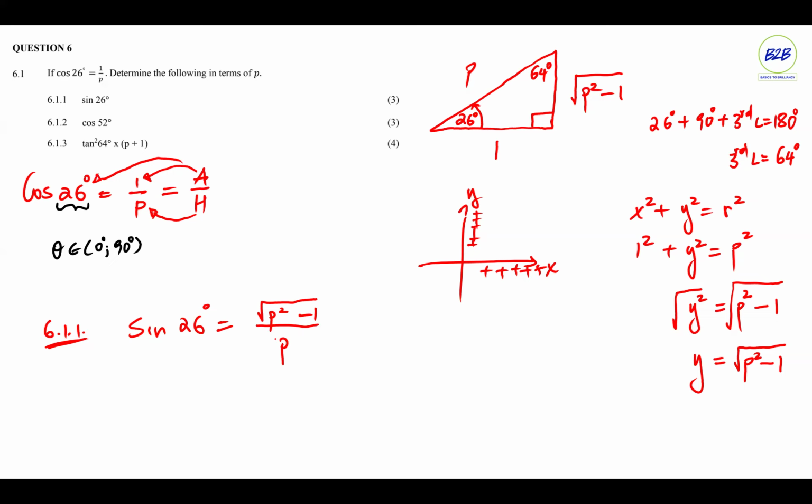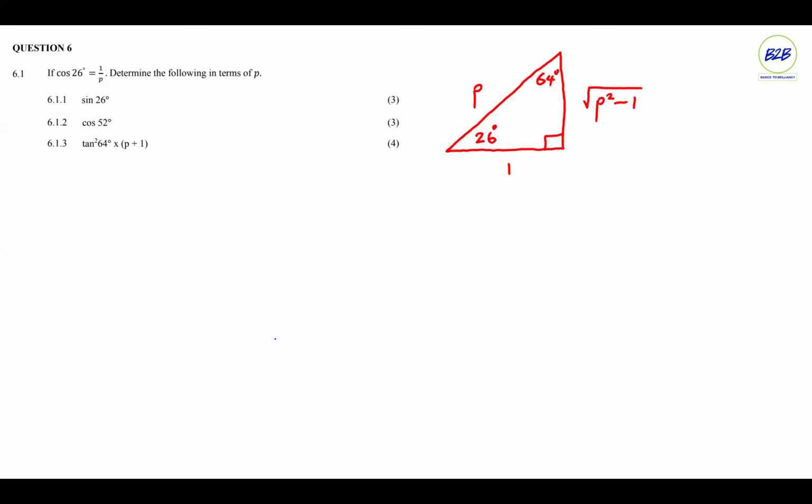6.1.1. Then let us move into calculating 6.1.2. So we see that now we have cos of 52 degrees. The angle that we have now is not within the right-angled triangle.